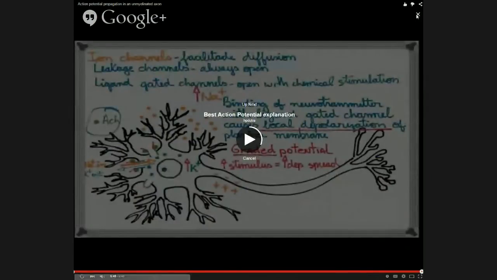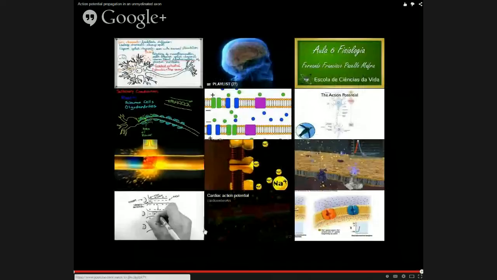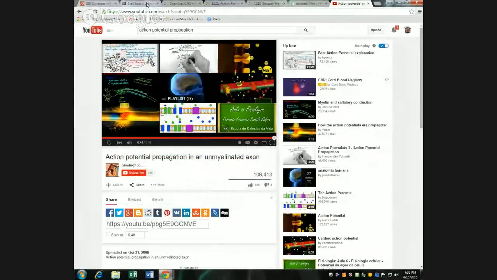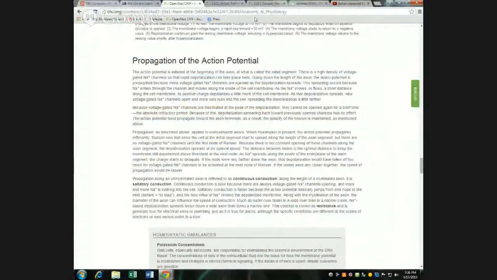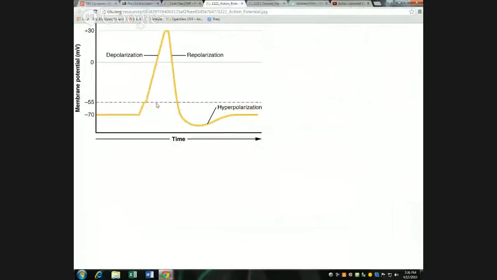Okay. So, what that's getting at, which is sort of the beginning of what this is saying, is this is a depiction of the action potential measured by time, so the voltage changes by time. We can also consider this in terms of what's happening on the membrane by location.